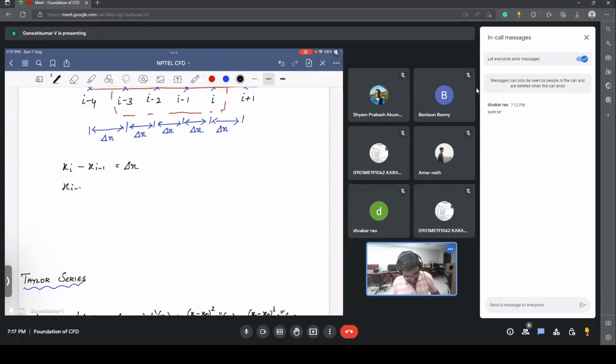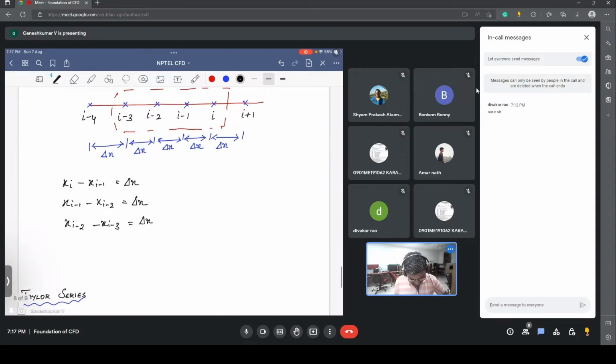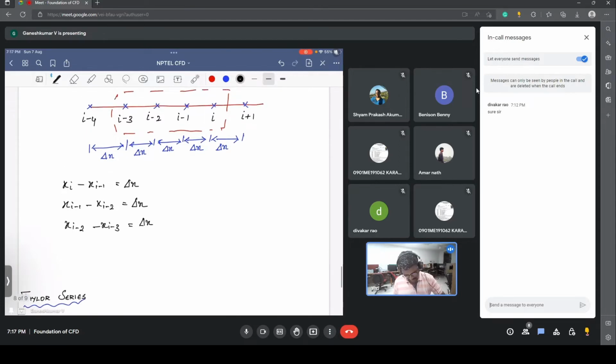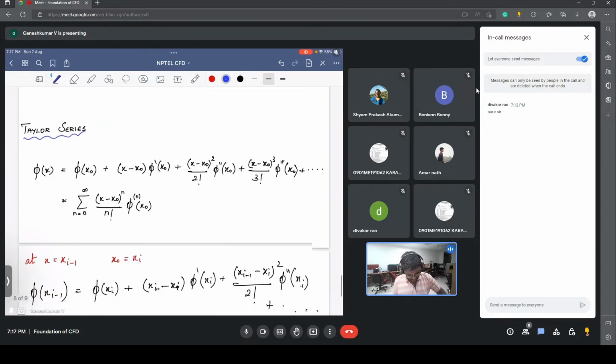Similarly, xi minus 1 minus xi minus 2 will also be delta x, and xi minus 2 minus xi minus 3 will also be delta x. So the spacing is uniform, it's not varying.